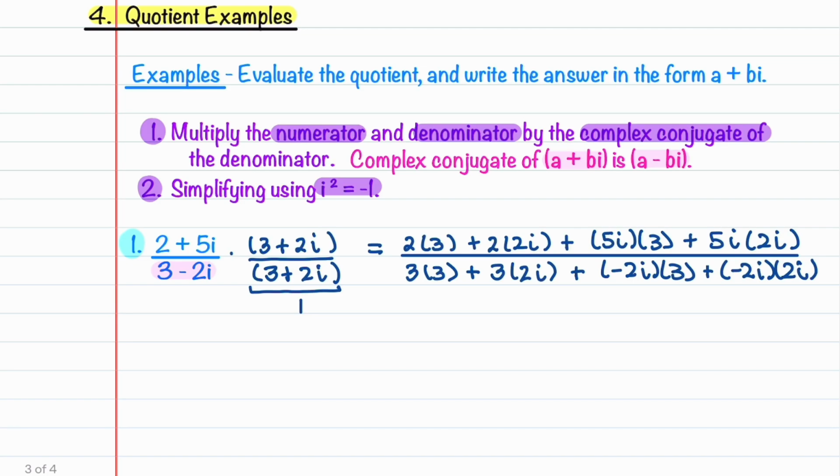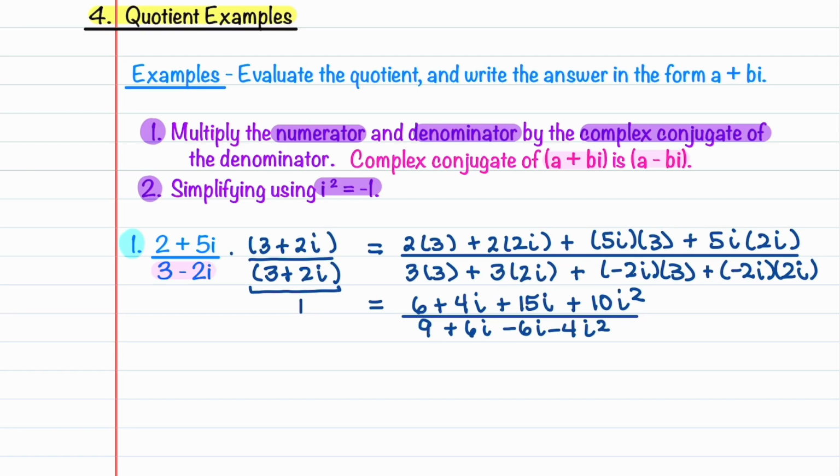Now let's simplify and we'll see what we get. On the top, we're going to have a 6 plus 4i plus 15i plus 10i squared. And on the denominator, we're going to have a 9 plus 6i minus 6i minus 4i squared. Now let's keep simplifying. On the top, we're going to get a 6 plus 19i plus 10, and we're going to plug in that i squared is negative 1.